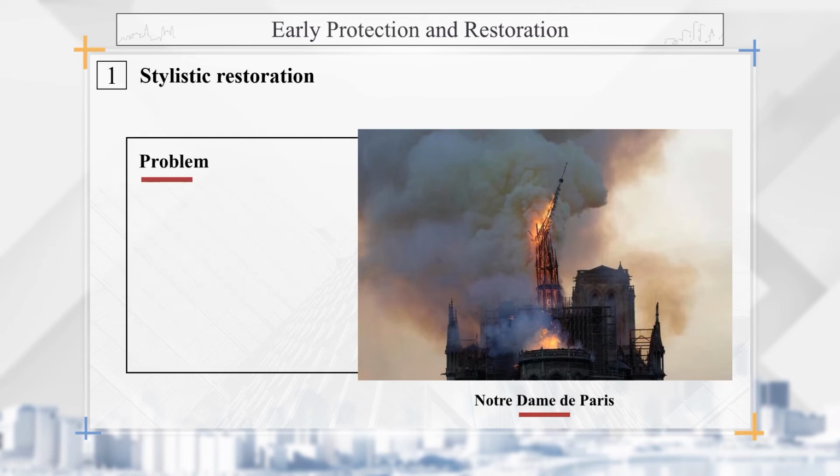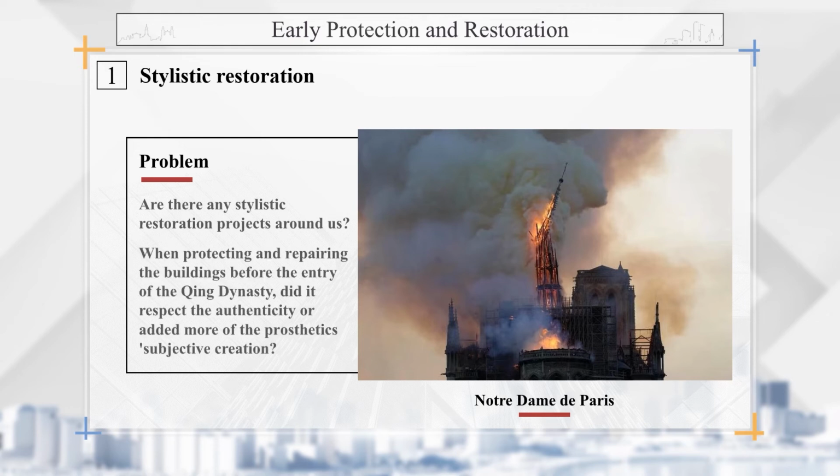After class, you can have a check. Are there any stylistic restoration projects around us? For example, when protecting and repairing the buildings before the entry of the Qing dynasty, did it respect the authenticity or add more prosthetics and subjective creation?